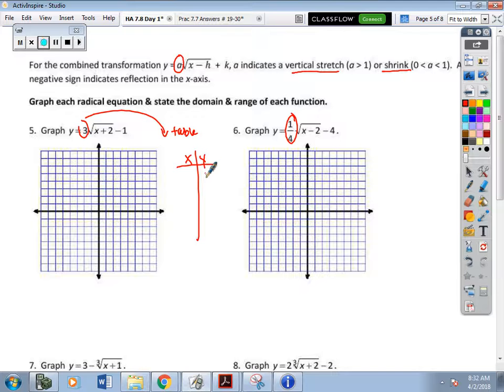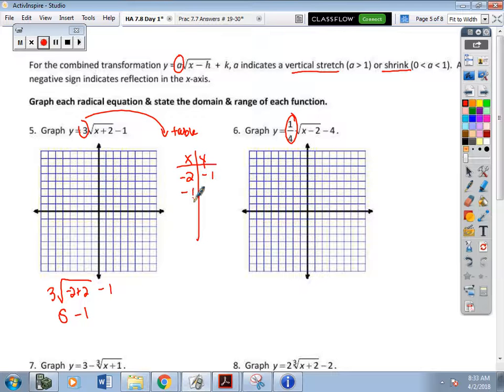Again, you don't know what numbers to plug in, right? I don't know what to pick, but I'm going to start with, again, maybe -2. Because when I plug in -2 plus 2, I'm going to get 0, and then I know what the square root of 0 is. Okay, so I'll do this by hand. -2 plus 2 is 0, the square root of 0 is 0, 0 times 3 is 0, and 0 minus 1 will get me -1.